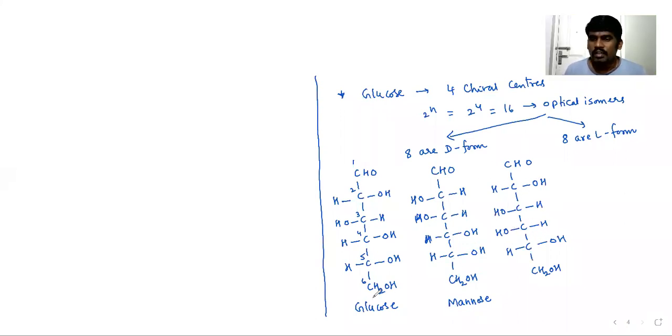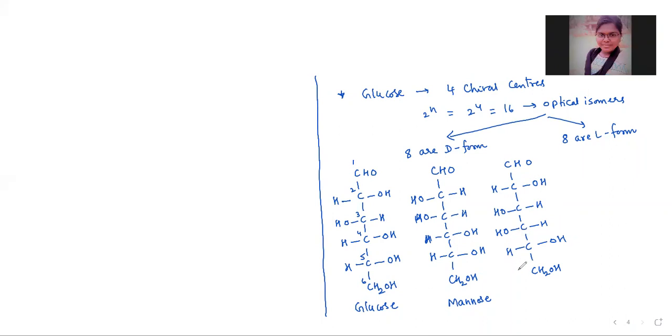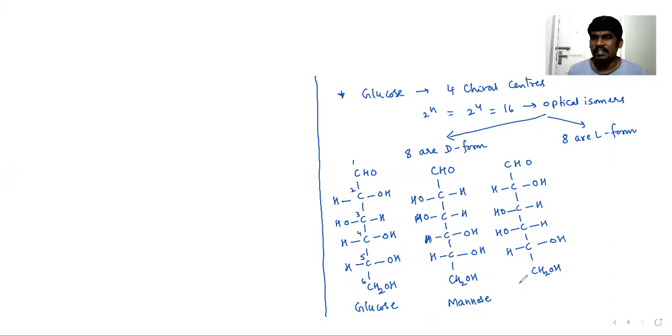And if you observe the glucose and this structure, configuration at which carbon it will be different? Fourth carbon. Yes, sir. Fourth carbon configuration is different. This is called as a galactose.